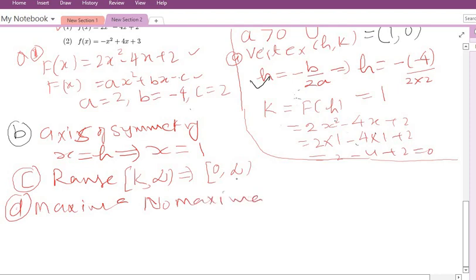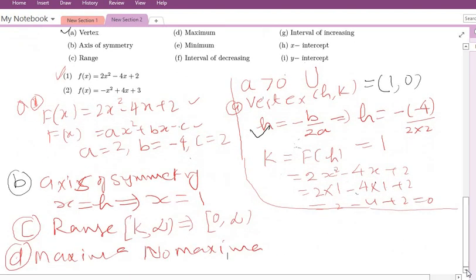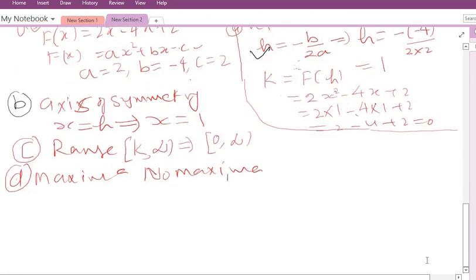Now the E part, minima. Now we can calculate the minimum value. Minima means k is equal to f of h. So k is equal to f of h, which is 0. This is the E answer, that means minima.